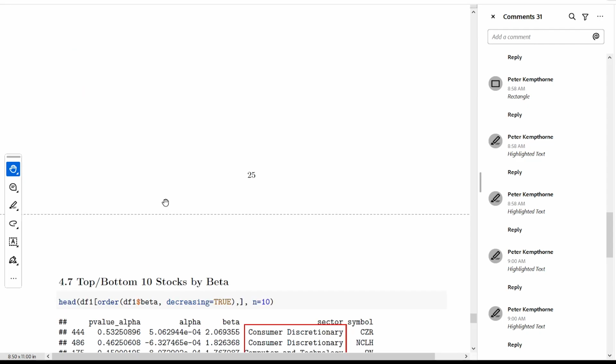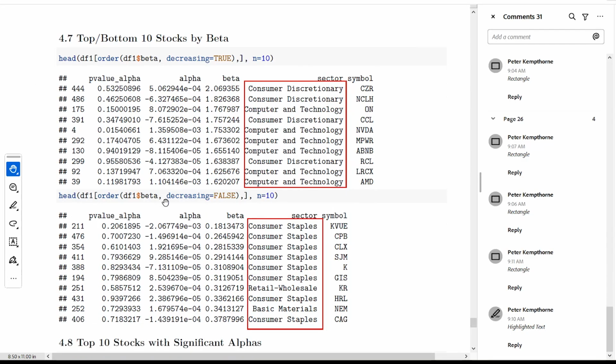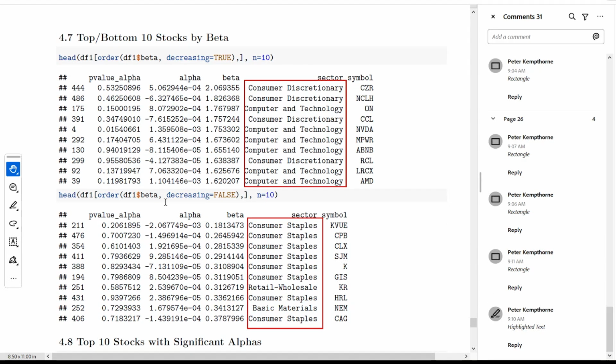In terms of looking at the top and bottom stocks by beta, we have consumer discretionary and computer technology sector stocks where the top 10 betas are. And if we look at the lowest betas, ranging from 0.37 down to 0.18, most of these are in consumer staples.